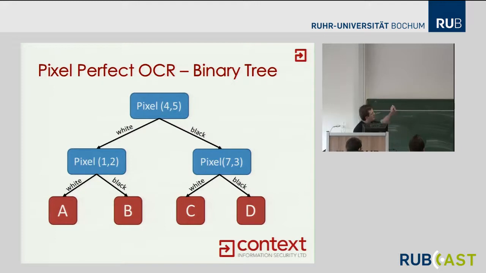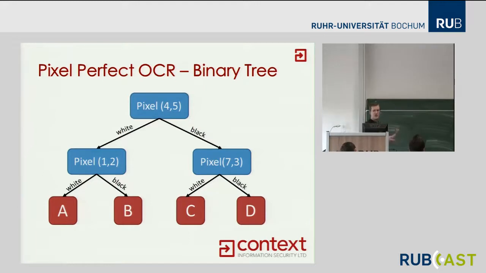We say, first of all, read the pixel that's 4 characters across and 5 pixels down inside a particular character. And remember, we're dealing with a fixed width font here, so we know how far to go across for each character if we know the starting position. We read this pixel, and if it's white, we go down the left-hand side. If it's black, we go down the right-hand side. In this case, if it's black, we know we have either C or D.